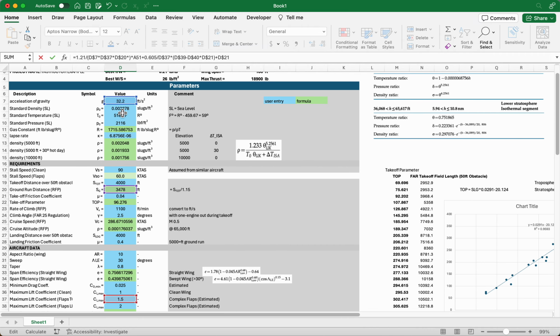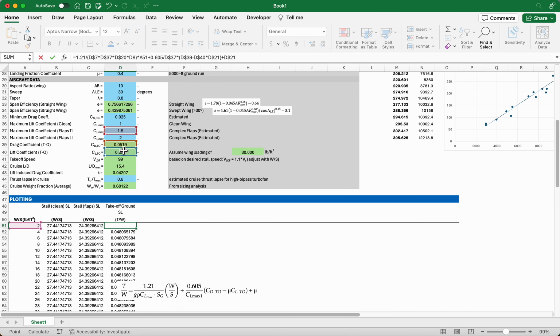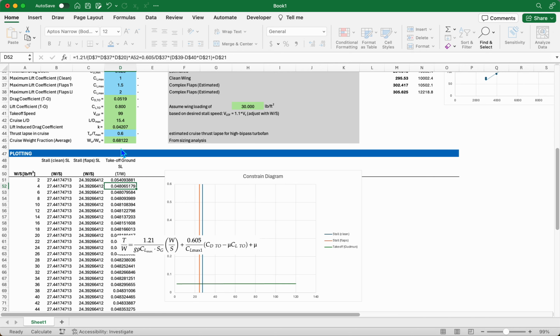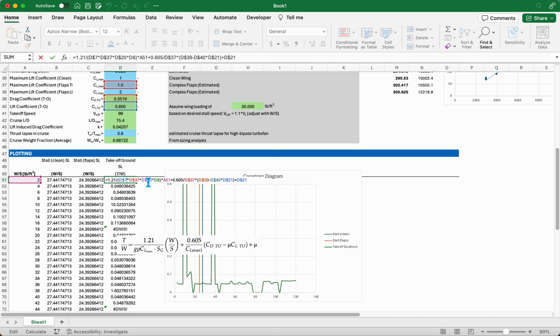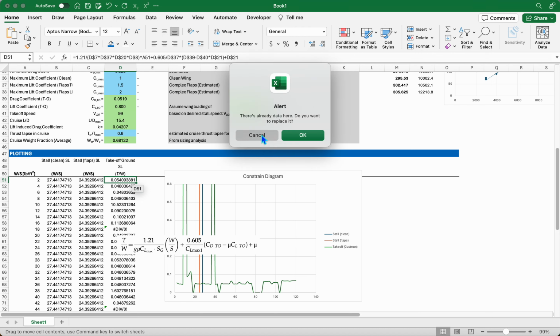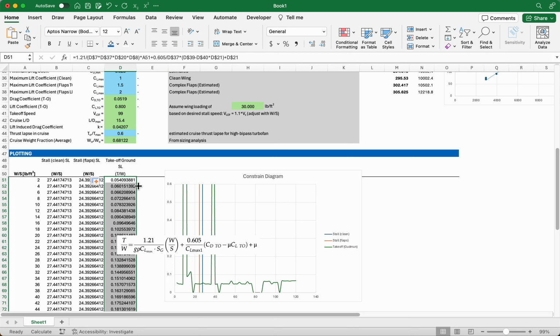Yeah, I'm missing our density value. That should make a big difference. There we go.